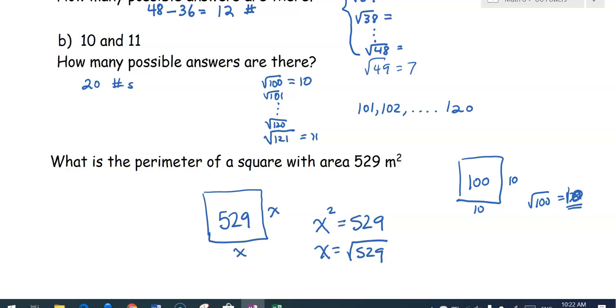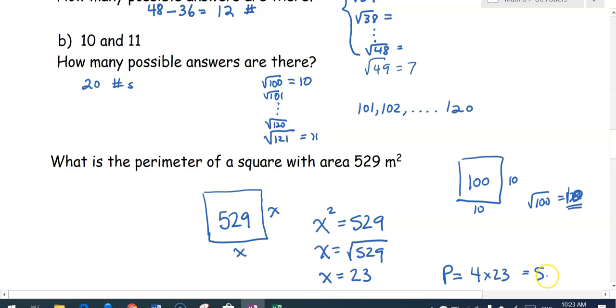So make sure you can find that square root button on your calculator, and when you type it in, you get 23. Right? So now that you know the edge length of the square, you can always find the perimeter by adding up 23 plus 23 plus 23 plus 23, or taking 4 groups of 23.